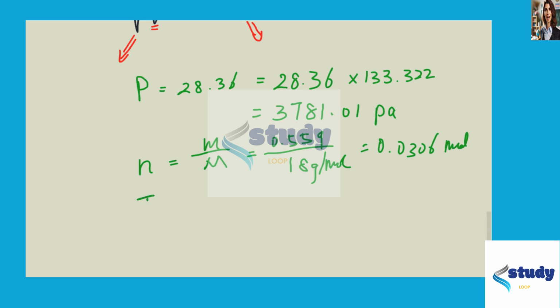And the temperature, what is the temperature? It's 28 degrees C. Let's convert that into Kelvin, which is around 301.3 Kelvin.